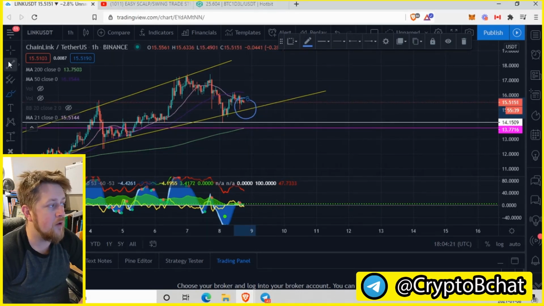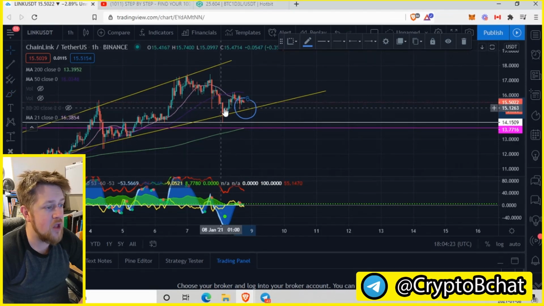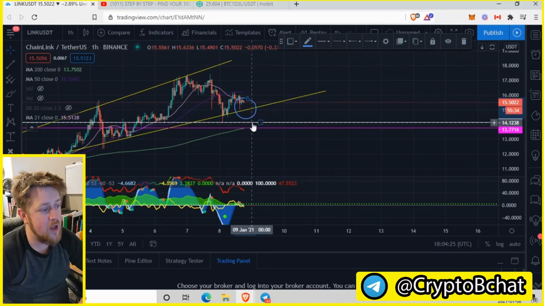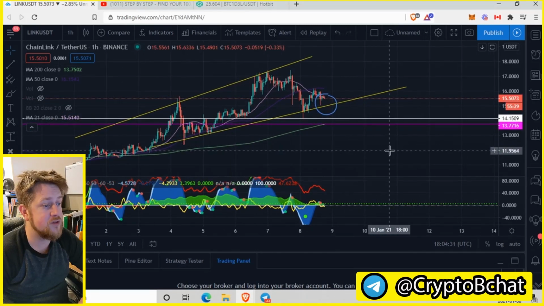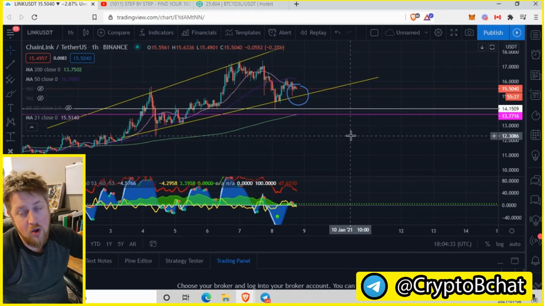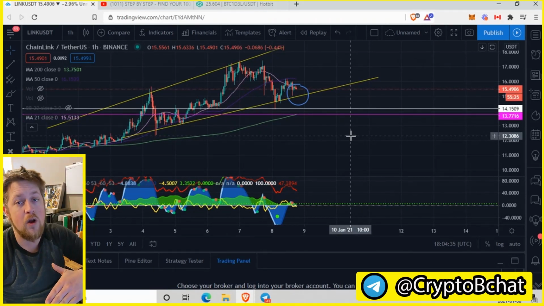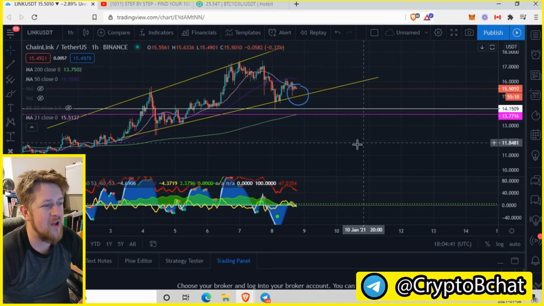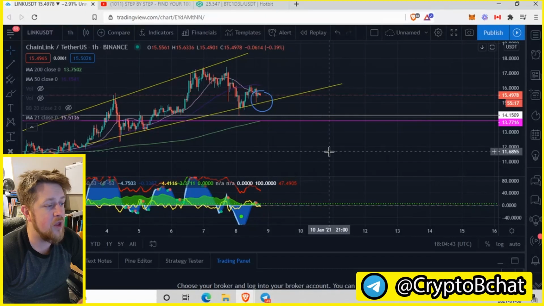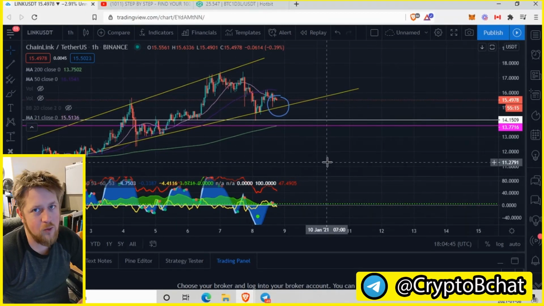Remember though, if this price action comes down, if this 21 MA crosses this 200 MA, you could also be looking at a death cross, they call it, when the 21 MA crosses down through the 200 MA. If the 21 MA crosses up through the 200 MA or higher, then you're looking at a golden cross.